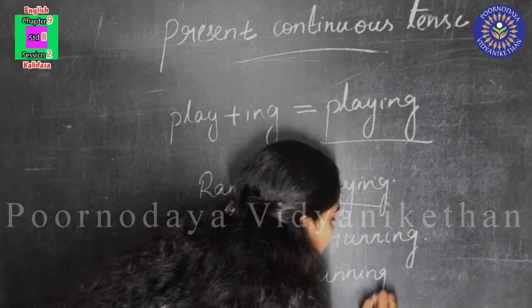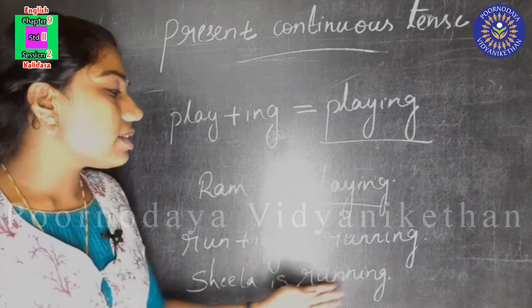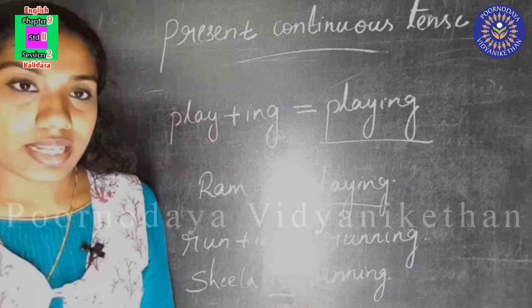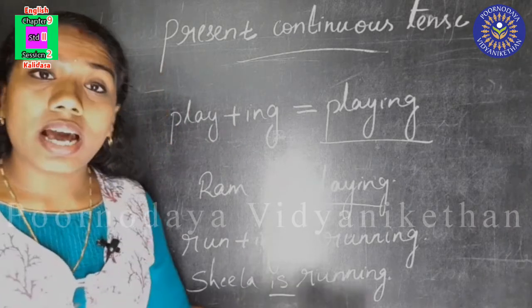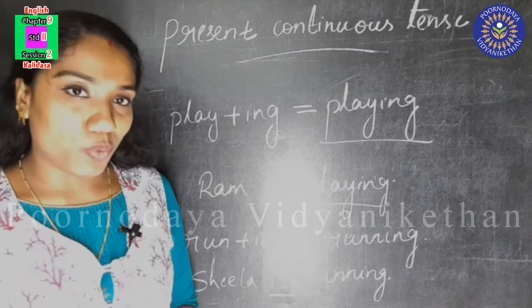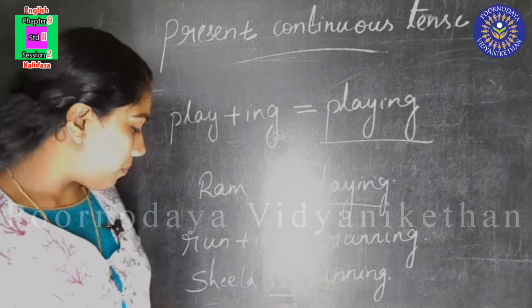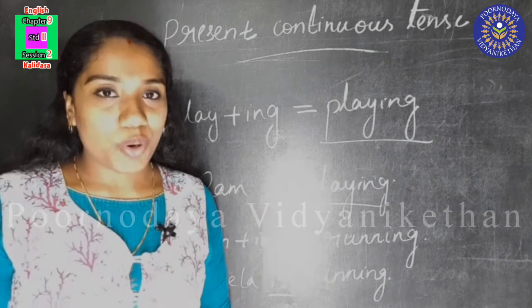See this, children? Sheila is running. So, in present continuous tense, we added is with the ing form of the verb. Did you understand? Ram is playing. Sheila is running. Now we'll see more examples.